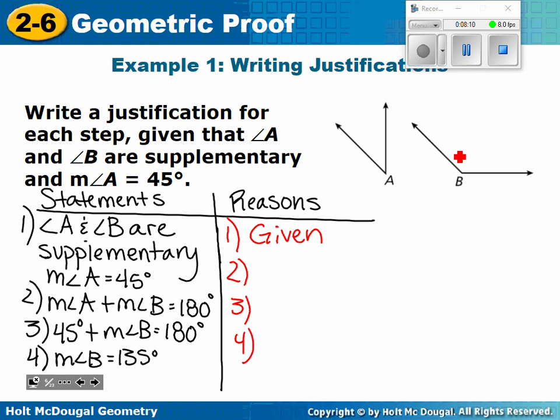Okay, the word supplementary. Remember that your reason is going to be a definition, a postulate, a theorem, or a property. So you will write things like definition of, angle addition postulate. So you would write definition of supplementary.